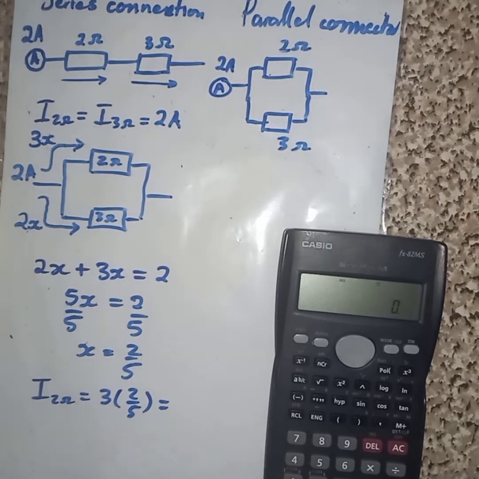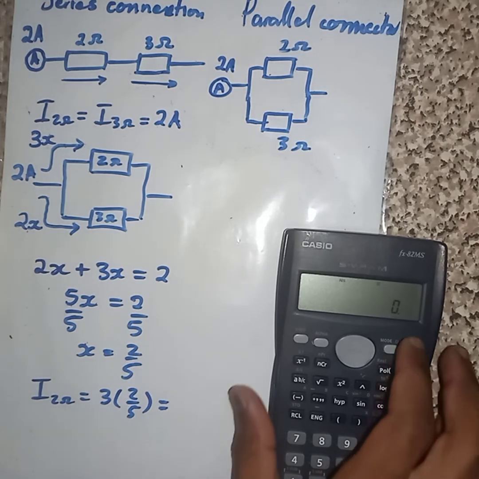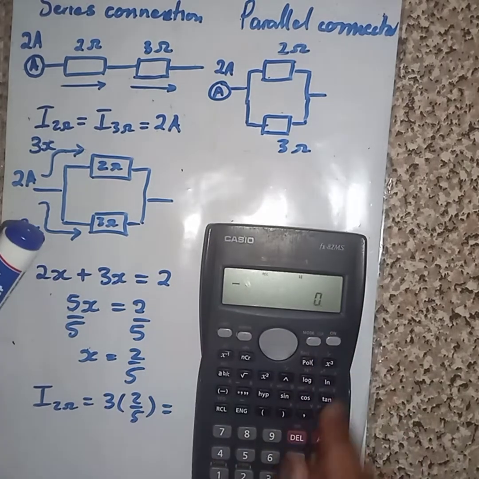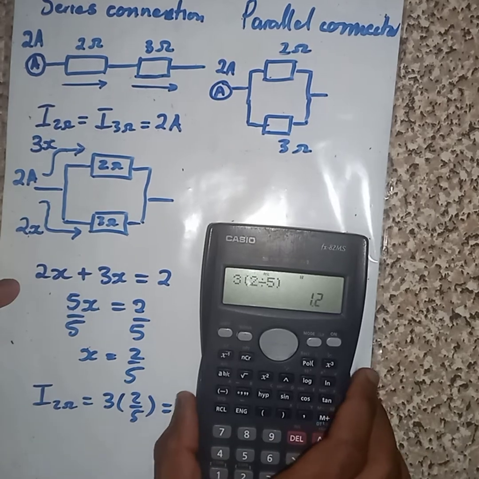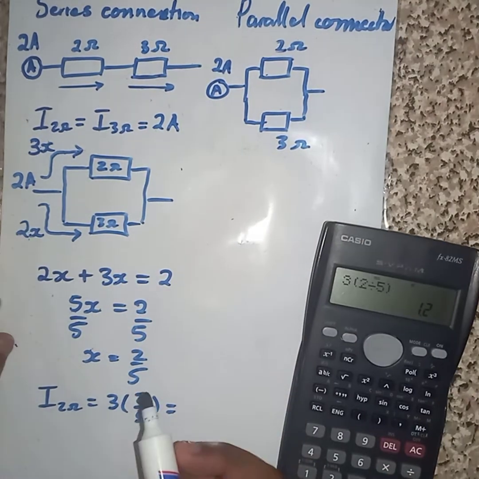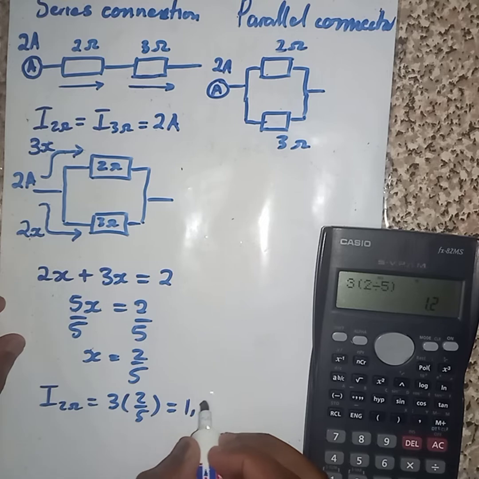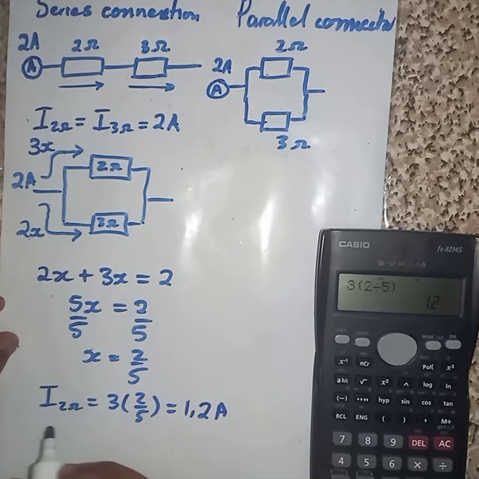Then this is going to be our final answer, which is, let me use calculator, 3 divided by 5. We get 1.2 ampere.